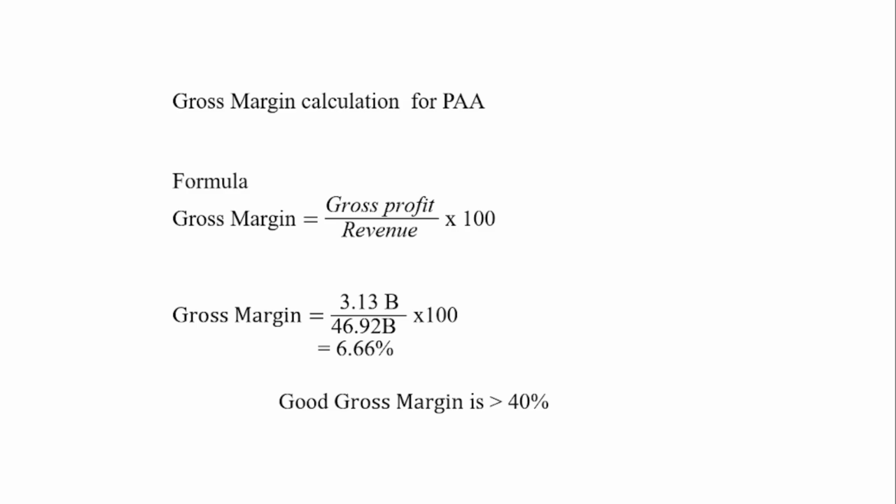So 3.3 billion divided by 46.92 billion is 6.666%. A good gross margin is above 40%, but it varies in each industry. For example, for Walmart and grocery stores, gross margins range between 10 to 25%. But some tech companies have margins higher than 50%, like Microsoft at 69, and even Adobe sometimes touches 89%.